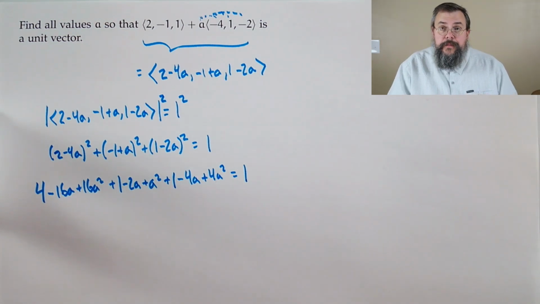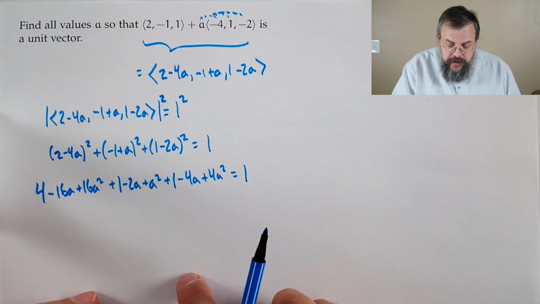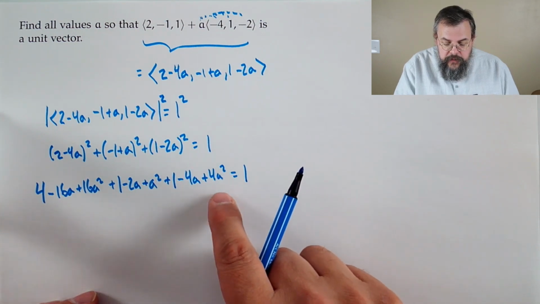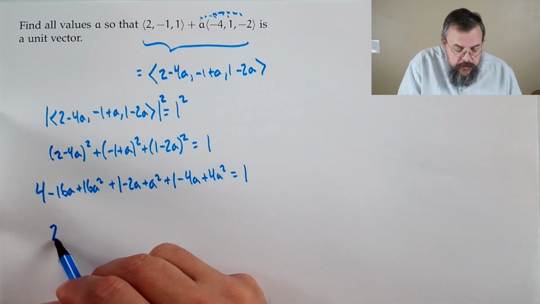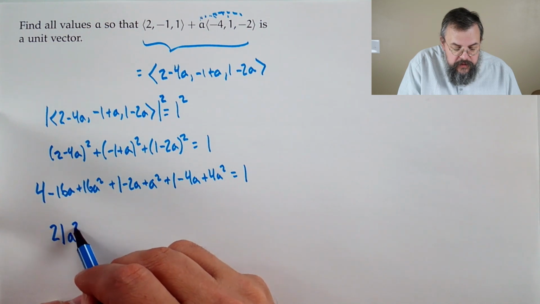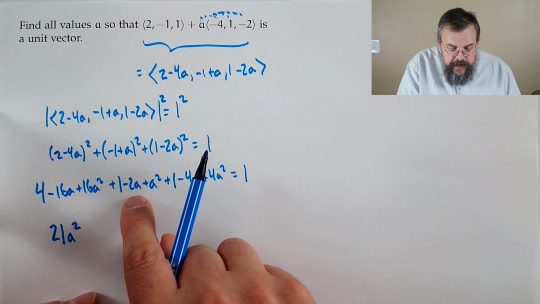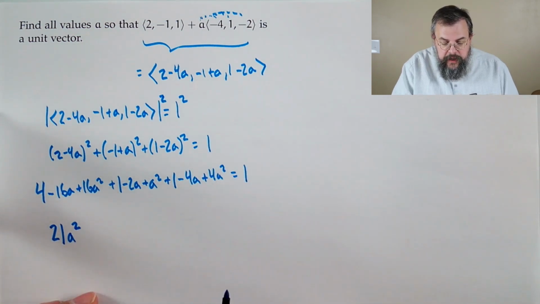Well, time to put everything together. So, let's see. How about the a squareds? There's 3 of them: 16a squared, 1a squared, and 4a squared. So that would give us 21a squared. There's a minus 16a, a minus 2a, and a minus 4a.